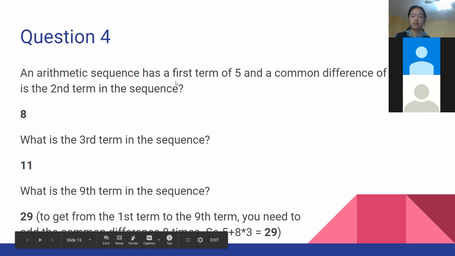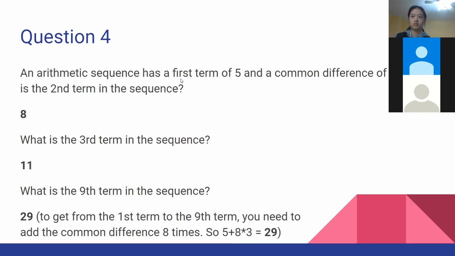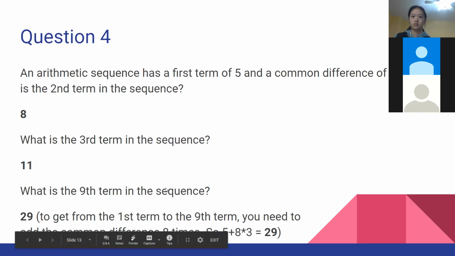The first term is 5, and we don't know the 9th term, so we have to jump 8 times, and each of those jumps is 3. So we have 3 times 8, which is 24, and then we add that to the first term, which is 29. That's the most ideal way to do it.